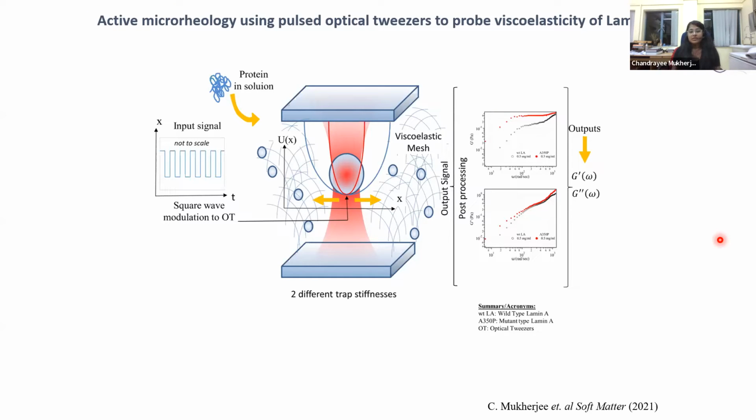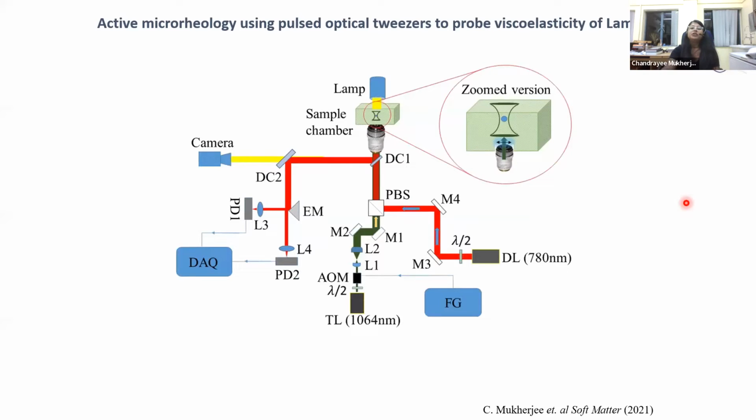So in this process, we have a probe, which is a bead in this case, which is perturbed by an external force, which is a laser in this case. And by this, we can measure the frequency dependent complex viscoelastic properties of proteins in solution. And this is the setup of the instrument that we have used in our study.